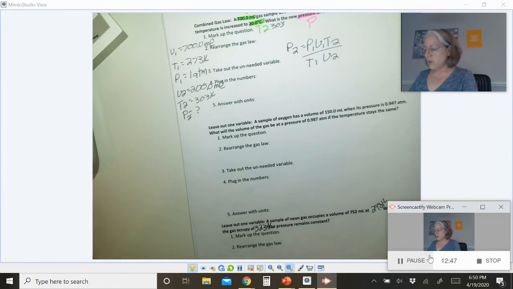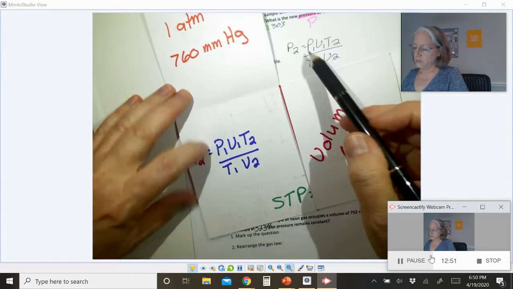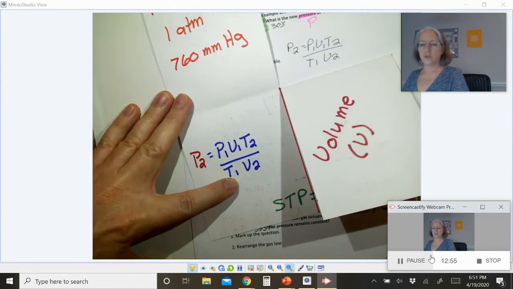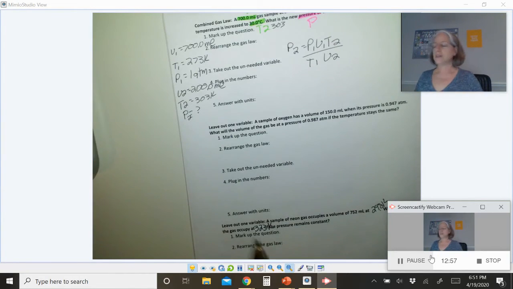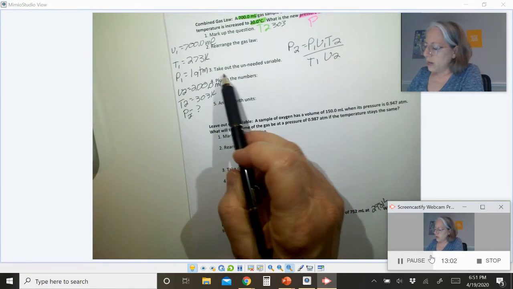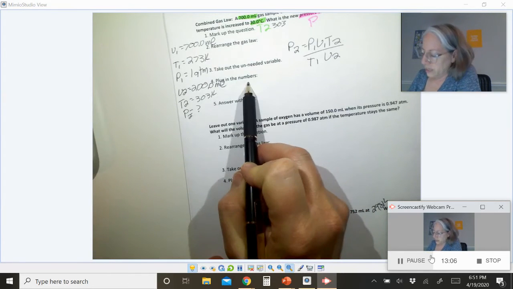And you just got to slow down, double check, make sure that P1, V1, T2, T1, V2 all match what they need to be, because T1s and T2s get very confusing when you're working on them. We're not going to take anything out yet. That happens in the next question. And then we're going to start plugging in our numbers.